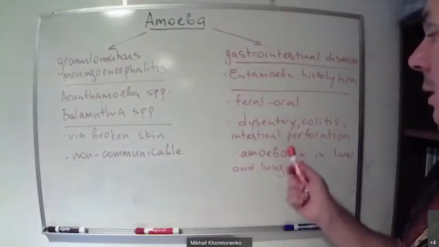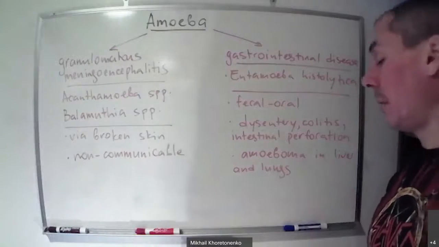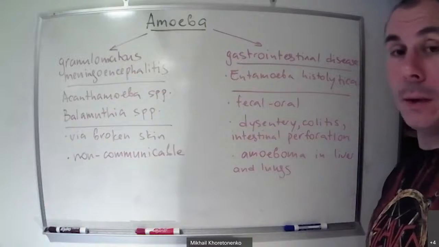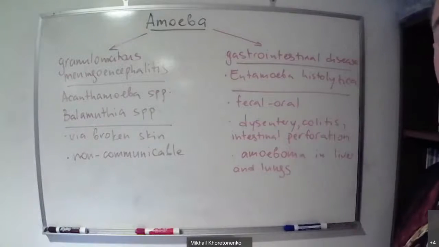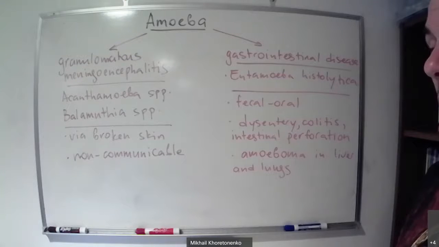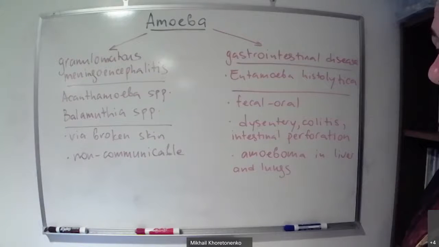These extra-intestinal amoebomas, characteristic for liver and lungs, look like a tubercle, a granuloma. Basically, the cells that are infected with amoebae cannot be cleared by the immune system, so the immune system forms a layer of fibrin around the infected focus in order to isolate it from the rest of the body. So far, does that make sense?